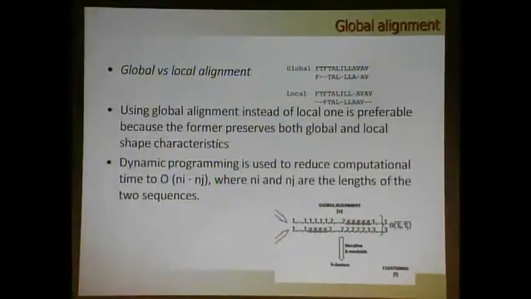So how does the alignment work? Two sequences are put one on the other, and spaces may be inserted at the beginning, at the end, or in the middle, until we obtain the best alignment. After the best alignment is obtained, the distance between two sequences is the symbol-to-symbol distance.